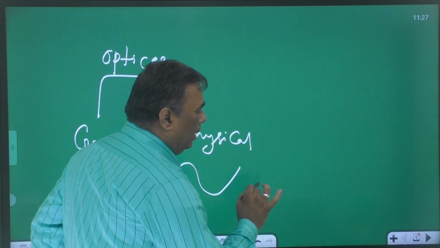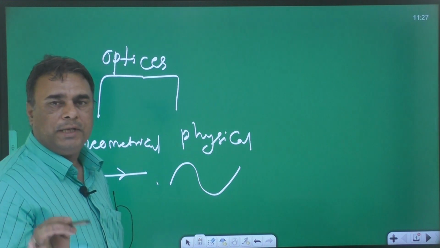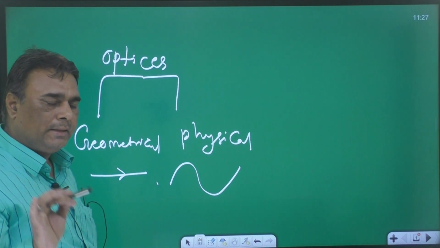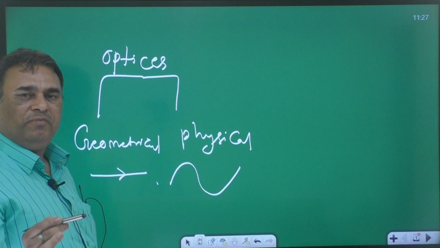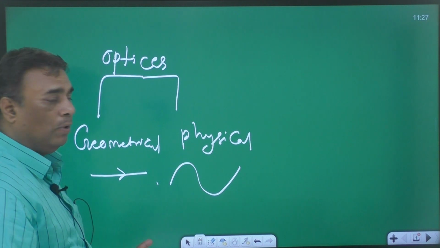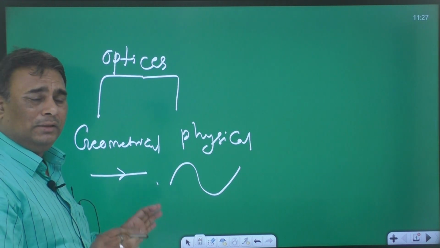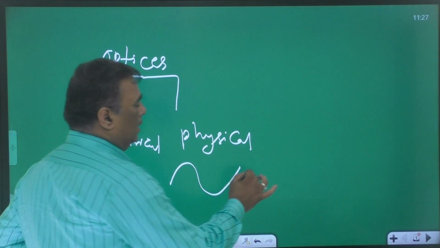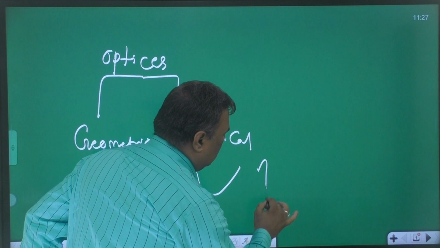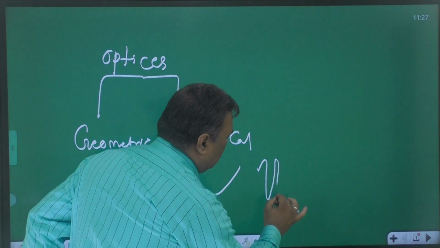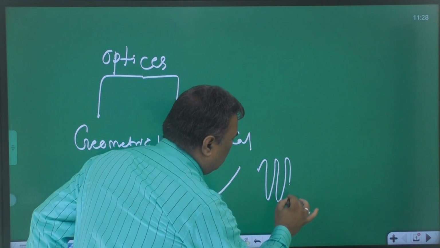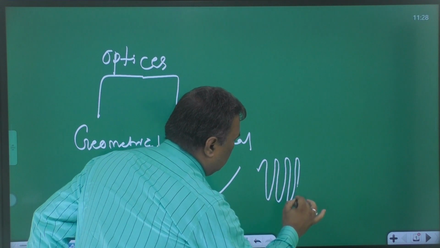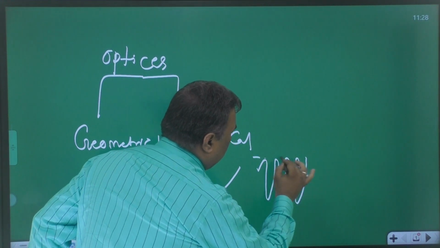and for the rectilinear propagation of light, a necessary condition is that the wavelength of light is very small, very small. Then it seems to propagate in a medium in a straight line like this. Like this, student.